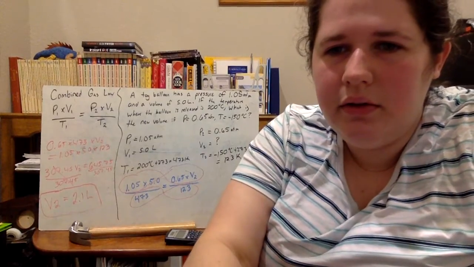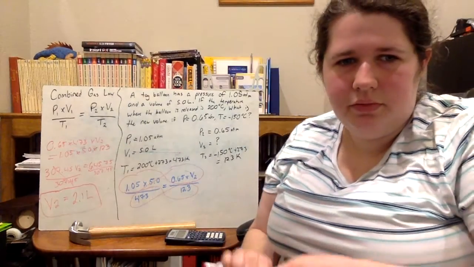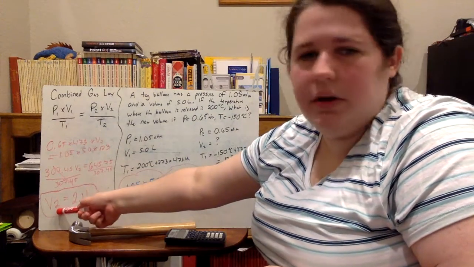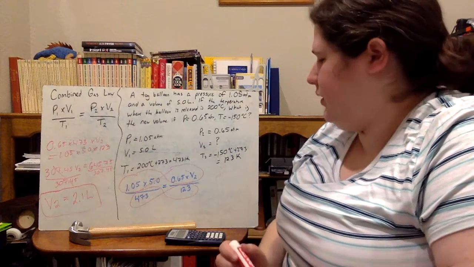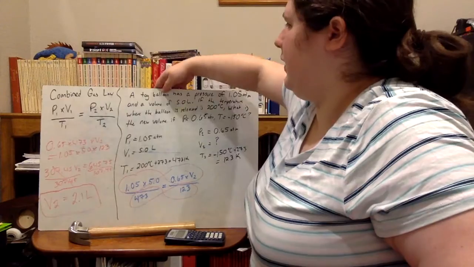Okay, so there is the first problem using the combined gas law. We were solving for our V2, our unknown volume variable. Okay, let's look at another problem.